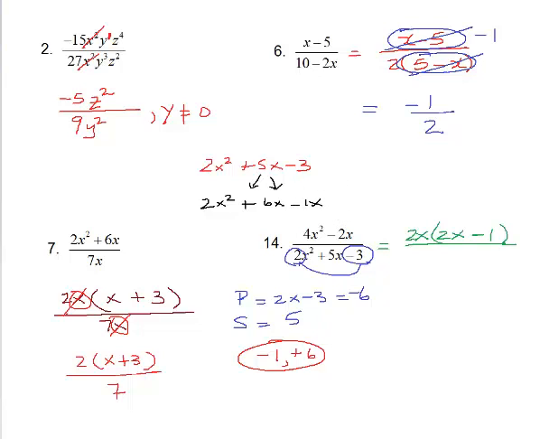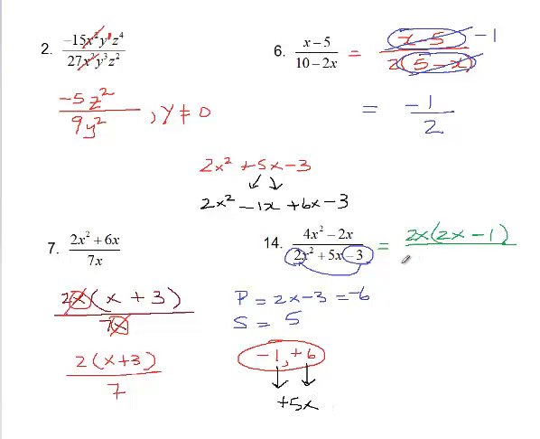I could have said it the other way, minus 1x plus 6x. So again, I'm using these two numbers right here to make up positive 5x. So I'm splitting it up into those two.